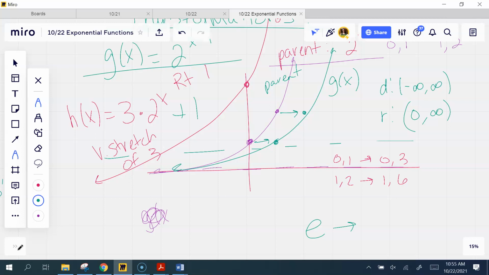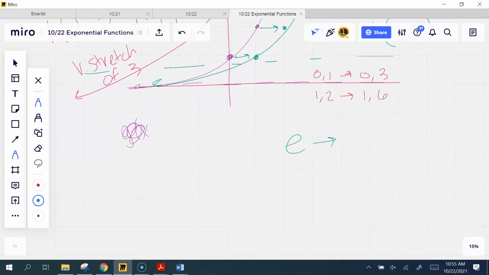We will talk more about it Monday, but just so you can start getting ready, we're going to use a limit. We're going to define e a little differently than what we did before.